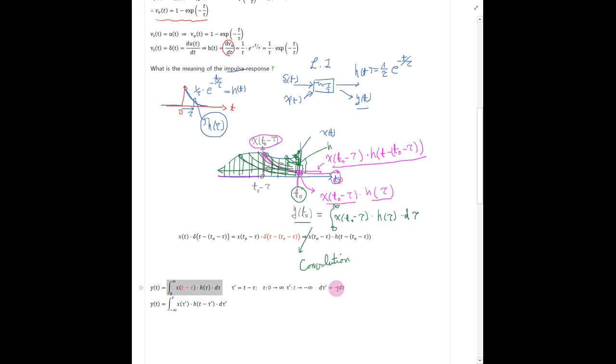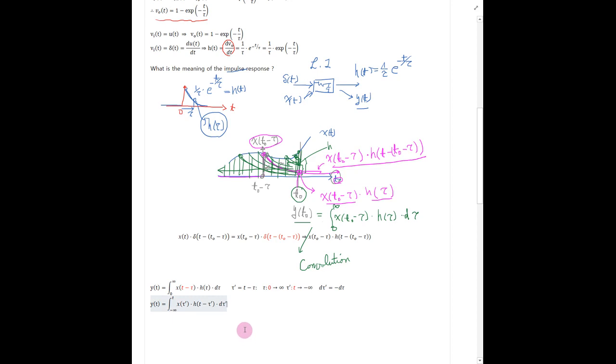So because of this negative sign, the integration direction is changed, from minus infinity to t. This t is the output time t. The t minus tau is replaced by tau prime, and h(tau) is h(t minus tau prime). So we can rewrite that one.